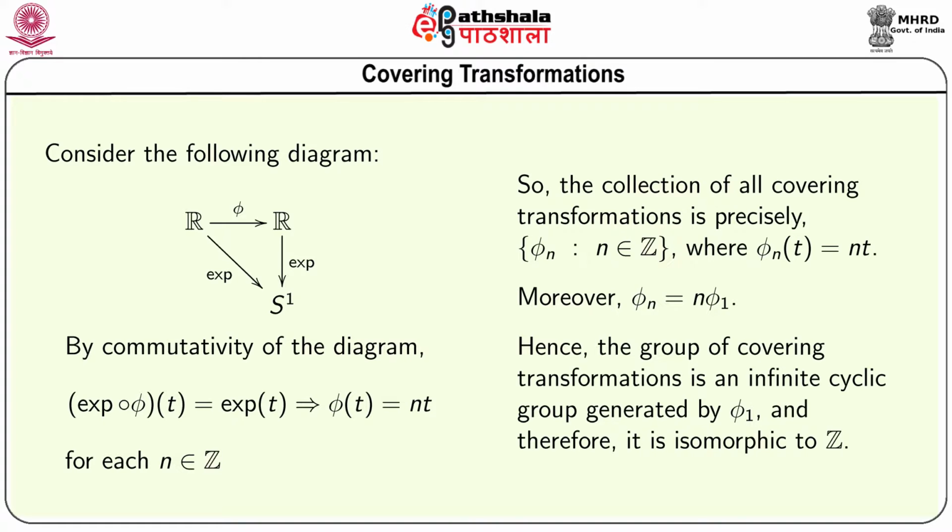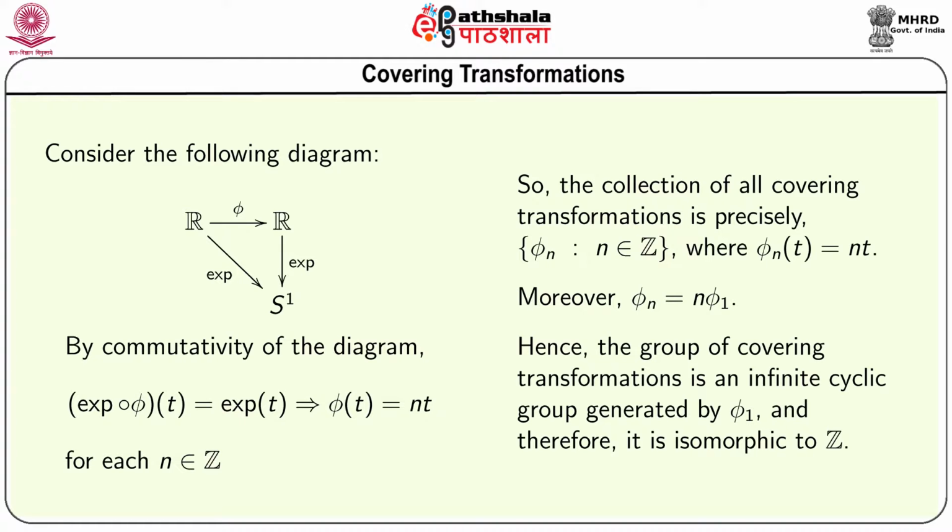So, the collection of all covering transformations will be precisely the set phi n for n belonging to Z, where phi n is defined as the function from R to R given by phi n of t is equal to n t for each n belonging to Z. Moreover, phi n is nothing but n times phi 1.